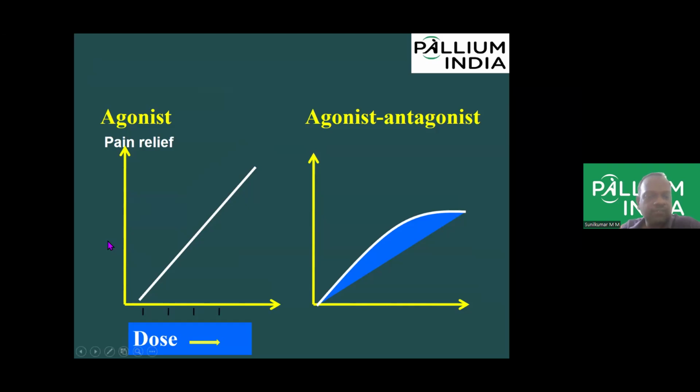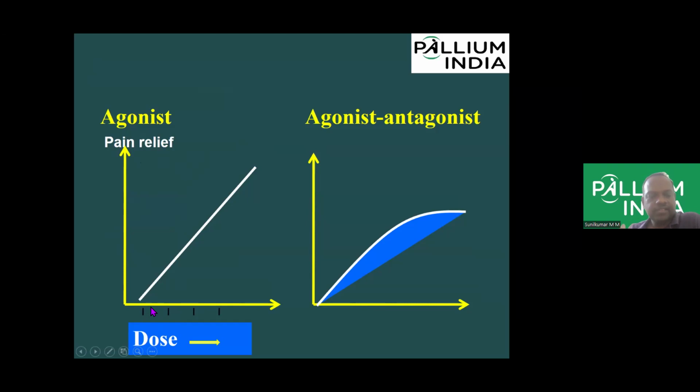On the y-axis, it is pain relief, and on the x-axis, it is the dose of opioid that you are going to give. Suppose you are giving an agonist opioid like morphine to a patient who says his pain score is 10/10.